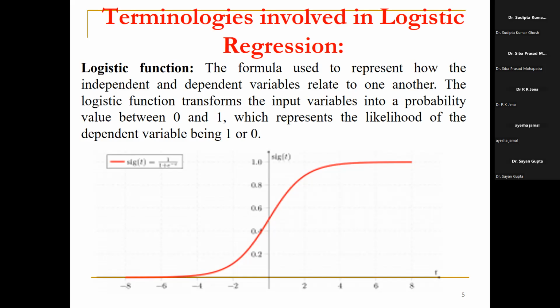So the sigmoid function is generally used as a logistic function for binary classification. We'll discuss more detail about that. There are different functions available for logistic functions, but most frequently for binary classification, we use the sigmoid function.